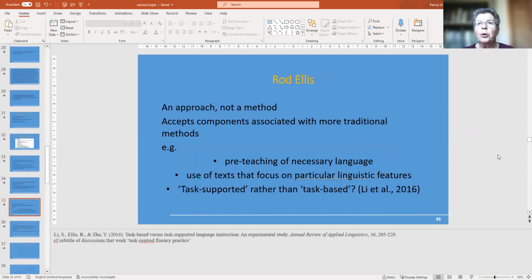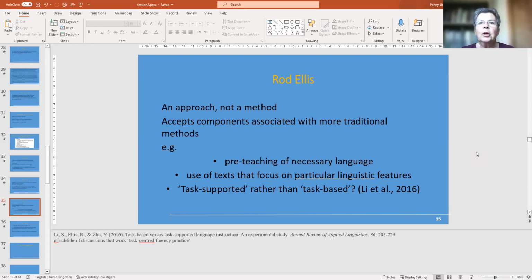And so we move on to Rod Ellis's approach. Rod Ellis is very much in favor of TBLT in general, but he calls it an approach, not a method. So he's a bit more generalized and cautious in the way he defines it.